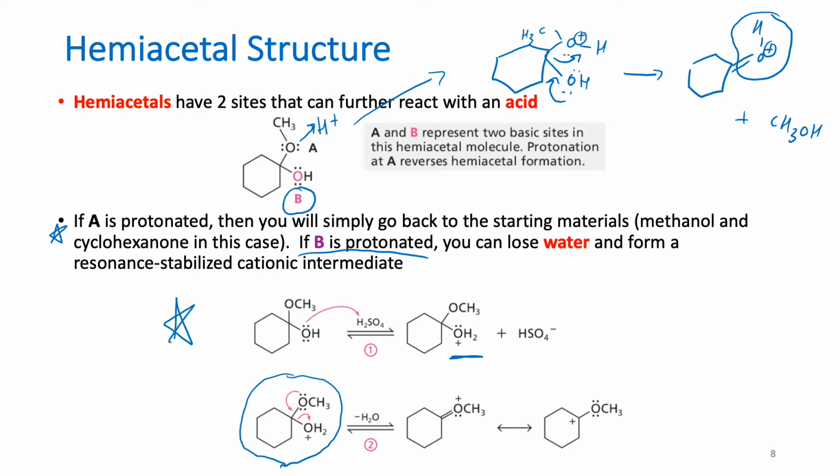the lone pair from the ether would come down and boot off the H2O, which is a favorable process. It's called a dehydration, and what you'd form is this oxonium cation, which has a resonance stabilized intermediate. Now, what's important about these structures indicated here, let me get the laser pointer, is that they are susceptible to nucleophilic attack.